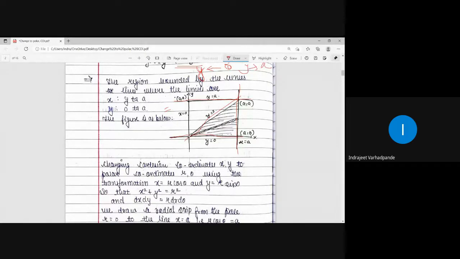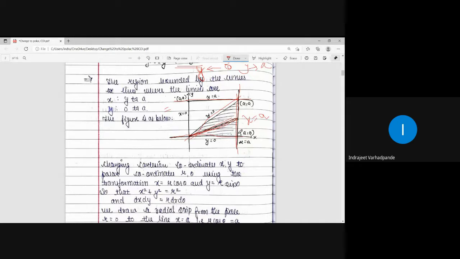In this region, I will have to draw the radial strip. Radial strip originating from the pole and going up to this particular line, x is equal to a. So accordingly, from the given limits in the Cartesian form, we will get the limits in the radial form or polar coordinates, and then appropriately we try to integrate.